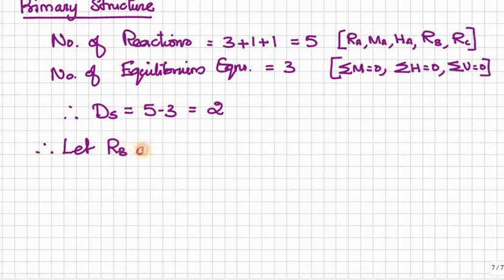Therefore, let RB and RC be redundants. Here, I am always trying to make the structure a simple cantilever. That simplifies the calculation and other process.